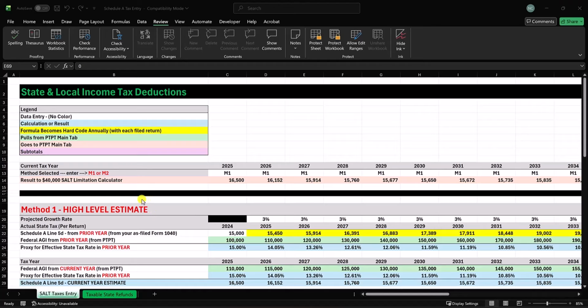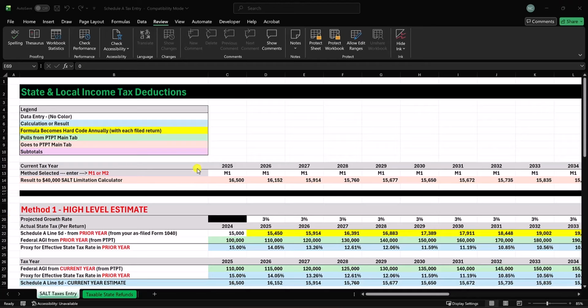I have also uploaded to the members area the video showing you how to link up our all-new state and local tax deduction calculator to the main tab of the personal tax planning template. So if you're already a member of the personal tax planning template program, you can log in at your convenience and check those videos out.